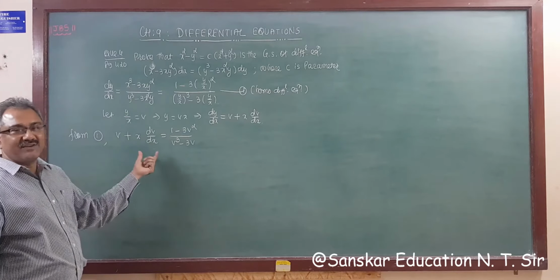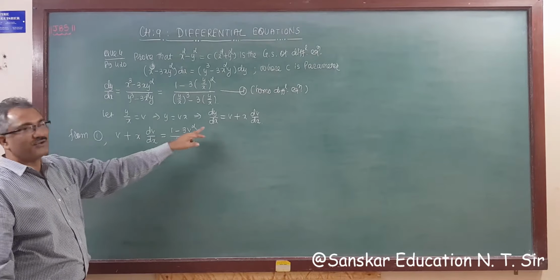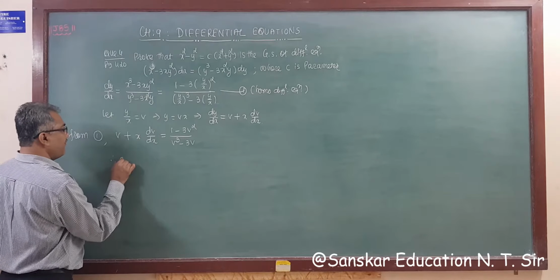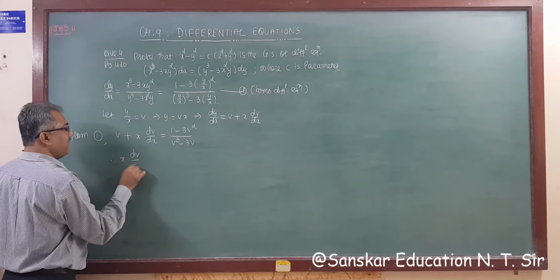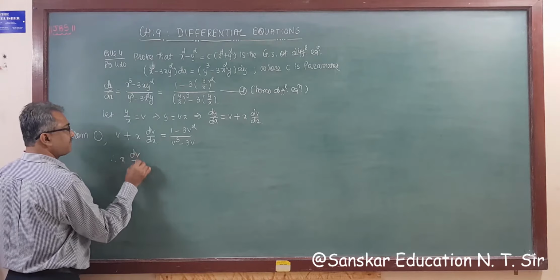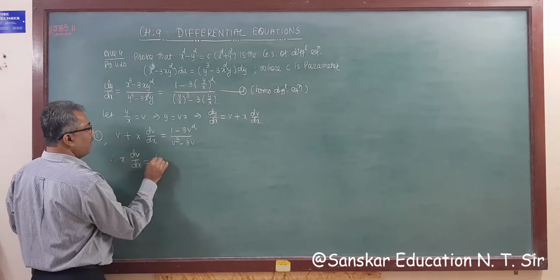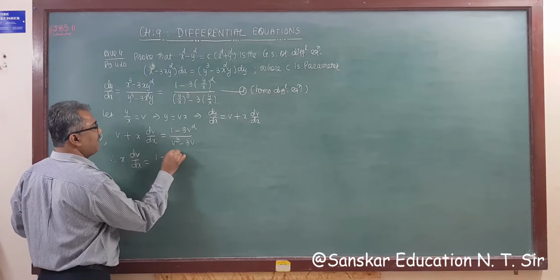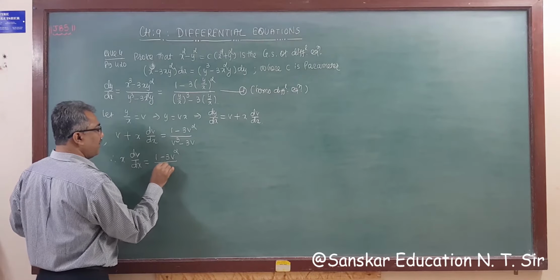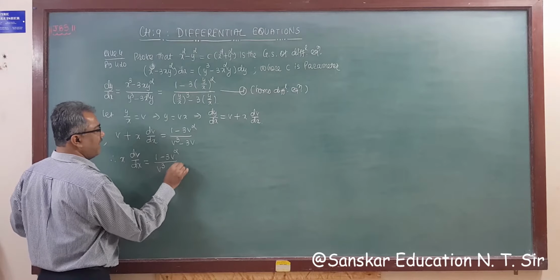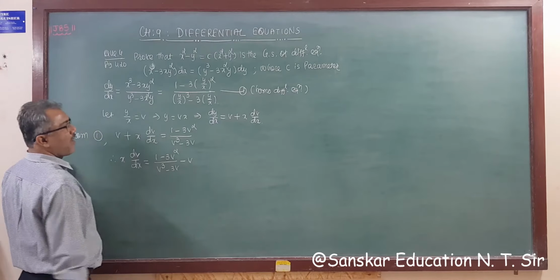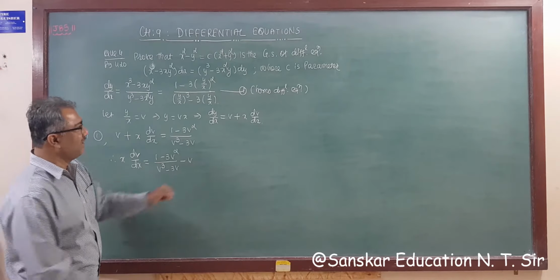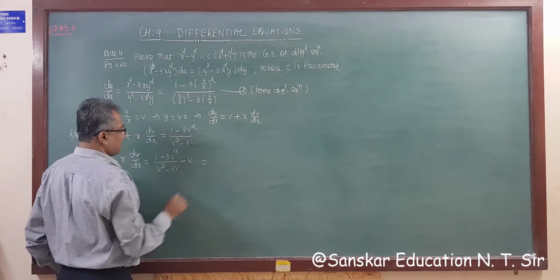For changing this equation into variable separable form, taking v to the other side as usual, we get x dv by dx is equal to 1 minus 3v square upon v cube minus 3v, minus v. So taking LCM, I am writing here because there is space, right?